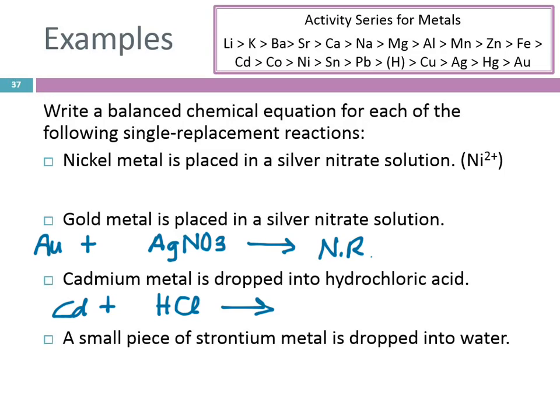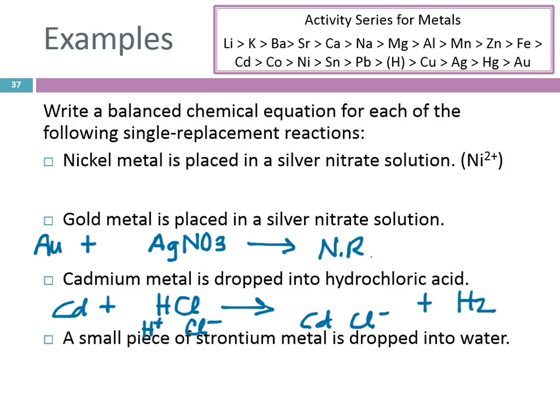We're going to replace the hydrogen. So this is H+ and Cl-. The cadmium is going to come in here and displace the hydrogen. So here we're going to get a cadmium ion with chloride ion, and then the hydrogen has to leave by himself.